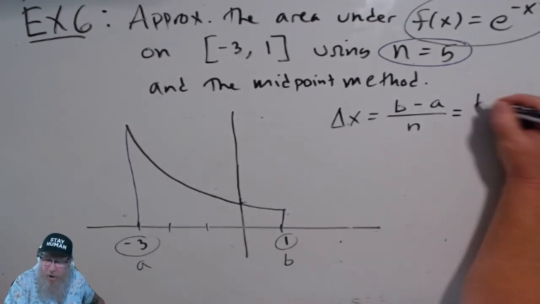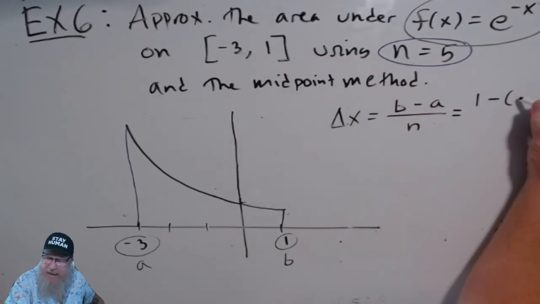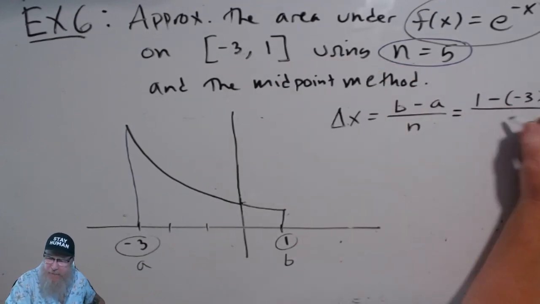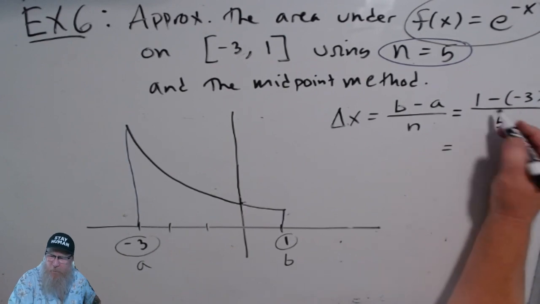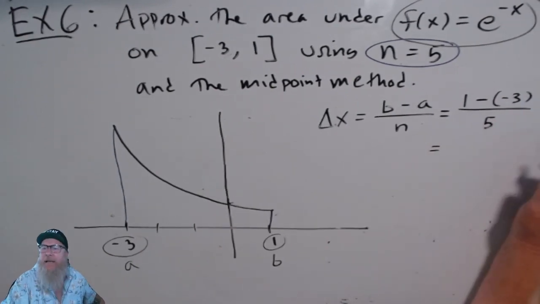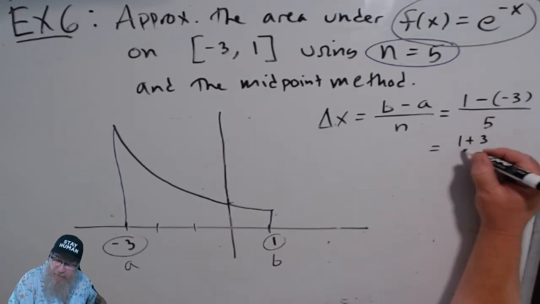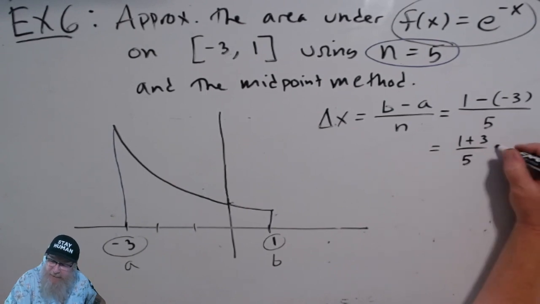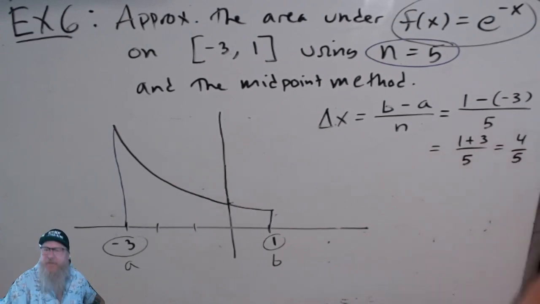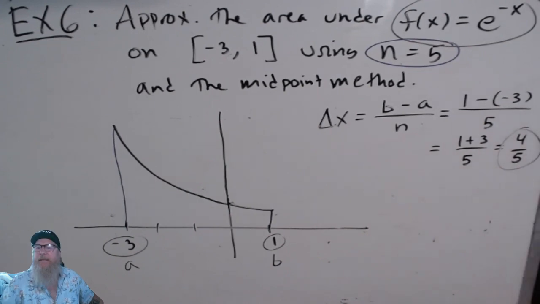So b is 1, a is -3, and n is 5. So 1 minus -3. Be careful, that's 1 plus 3. That's 4/5. That's going to be the width of each rectangle.